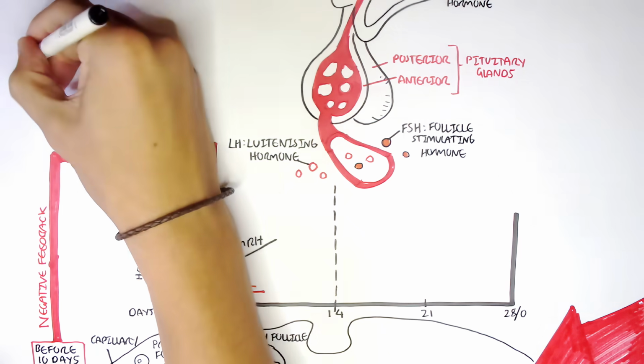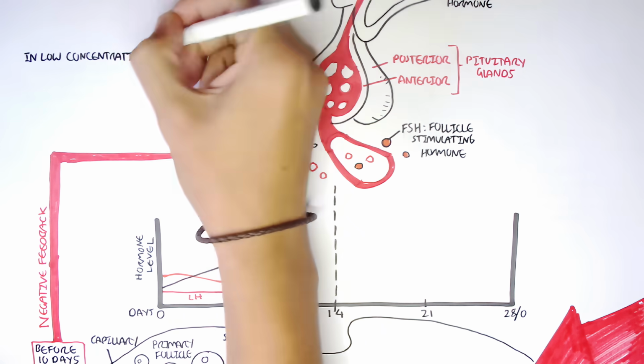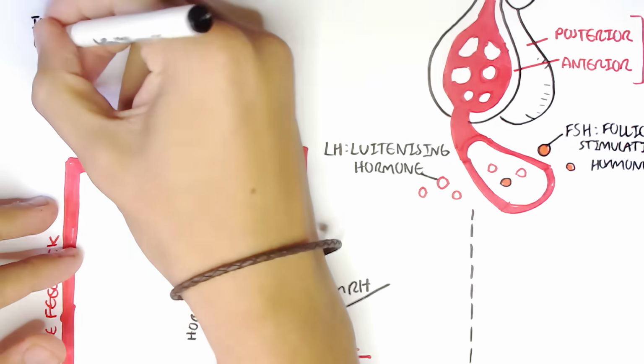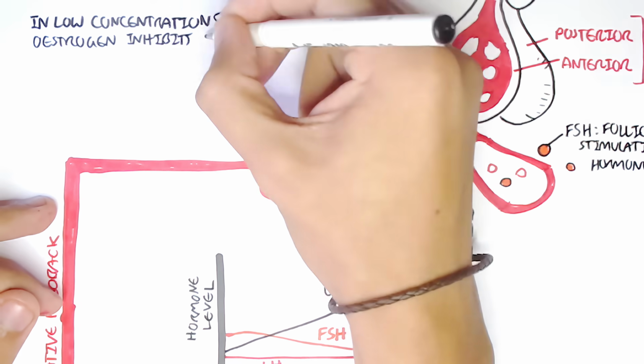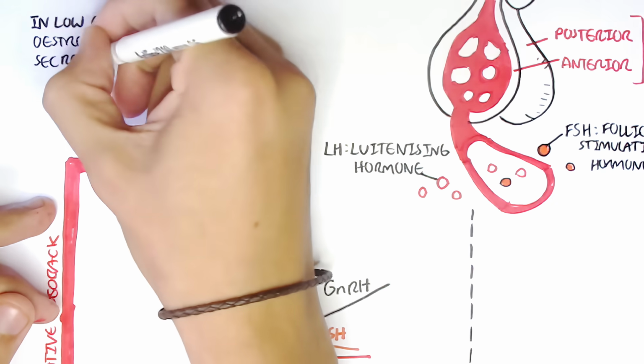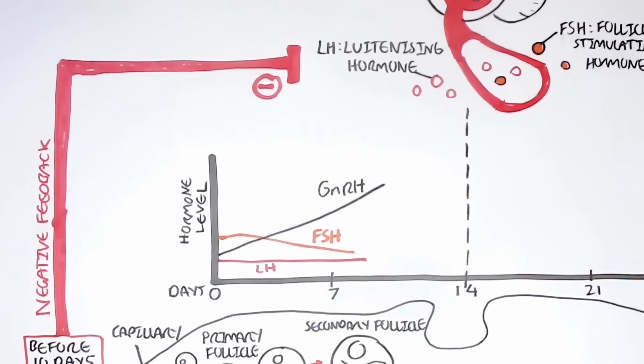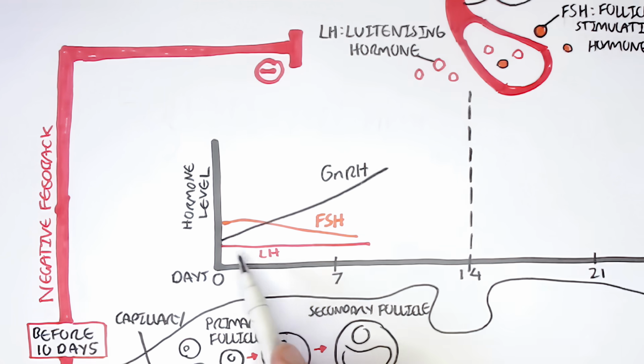To put it simply, at low concentrations, estrogen inhibits luteinizing hormone secretion from the anterior pituitary. And that is why we only see a steady level of luteinizing hormone in the blood. Because even though gonadotropin-releasing hormone from the hypothalamus is stimulating the release of luteinizing hormone, at low concentrations, estrogen will inhibit luteinizing hormone release.